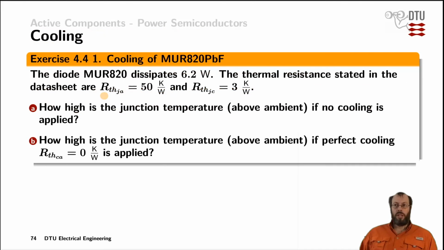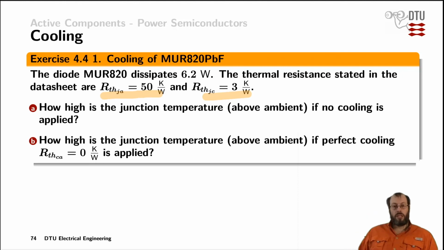Now, using these values from the datasheet, 50 Kelvin per watt and 3 Kelvin per watt, note I've changed the unit from degrees Celsius as it was in the datasheet to Kelvin, which is allowed as the relative temperature differences between Kelvin and degrees Celsius are the same, just on a different offset.